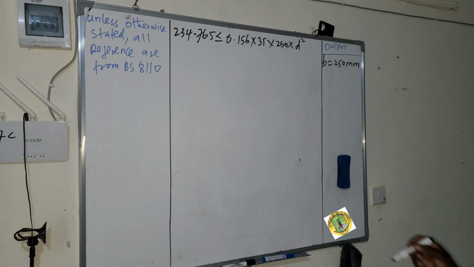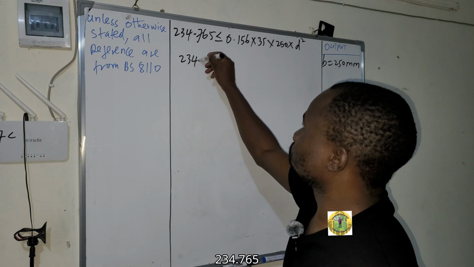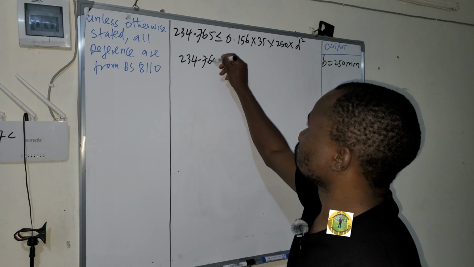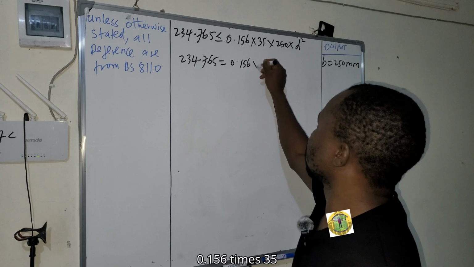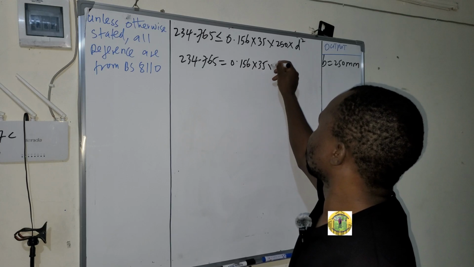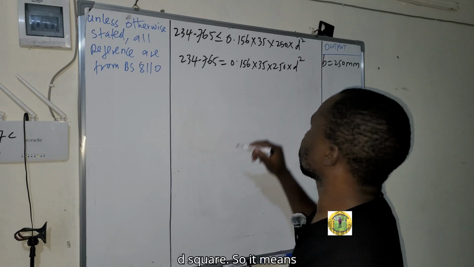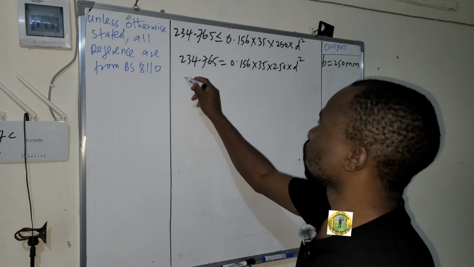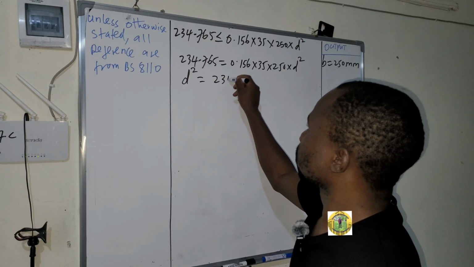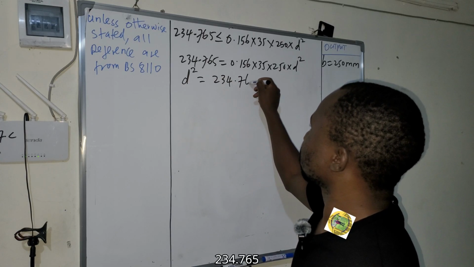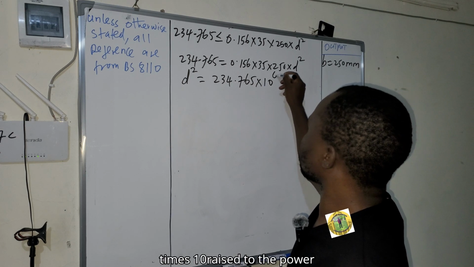So it means 234.765 is equal to 0.156 times 35 times 250 times d squared. So it means d squared is equal to 234.765 times 10 raised to power 6.